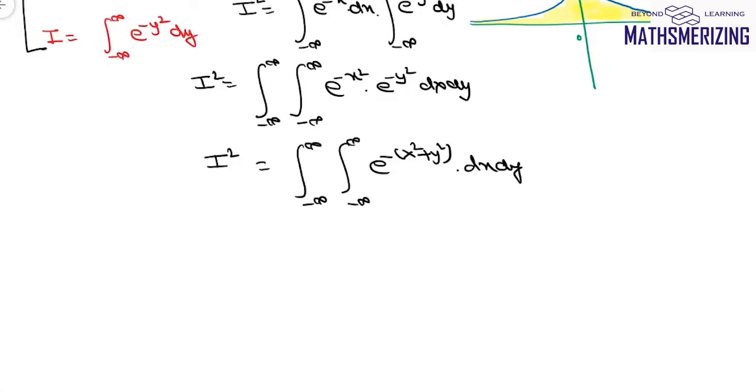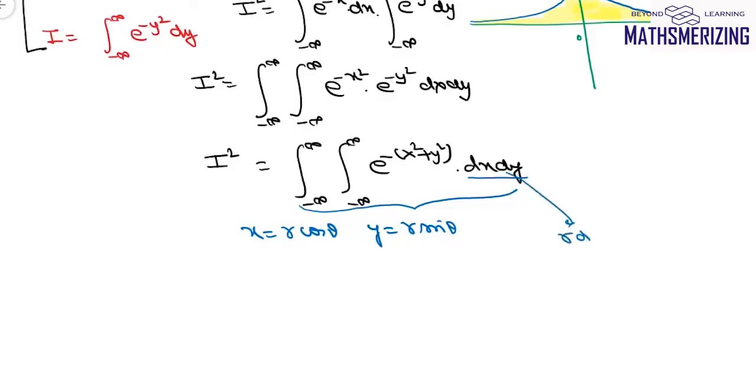In order to solve this integral, I'll change it into polar form. I'll write x as r cos theta and y as r sin theta. In this integral, the differential dx dy represents an element of area in Cartesian coordinates. The element of area in polar coordinates is given by r dr d theta.